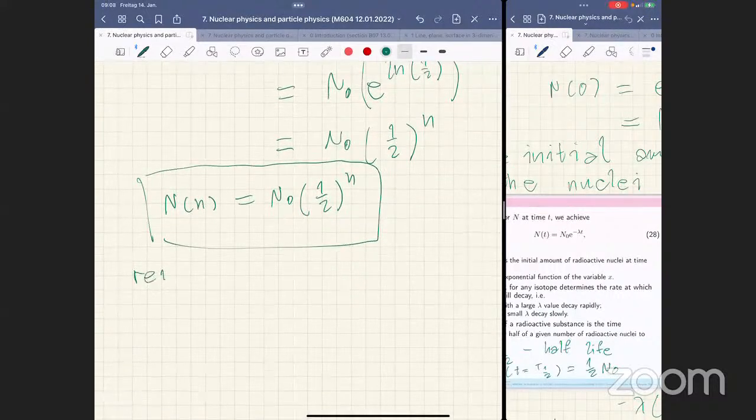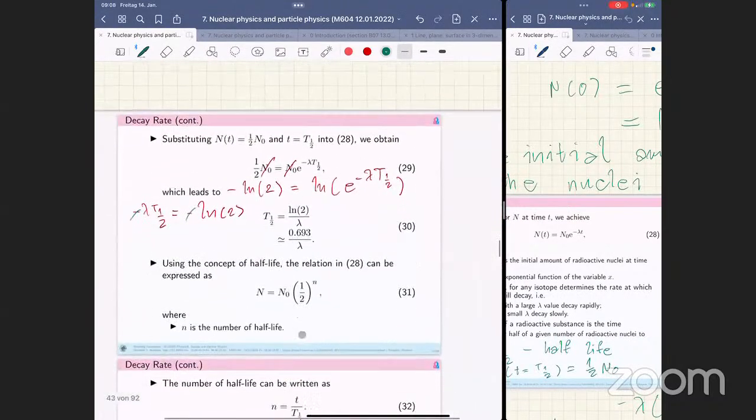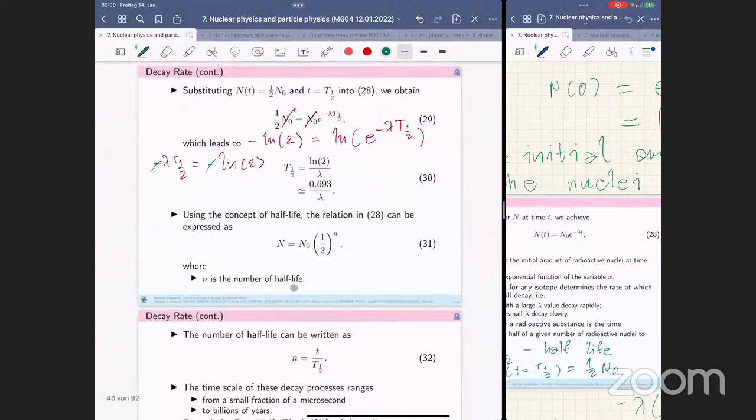It's the remaining nuclei at multiple n of the half-life. This is the expression for that. The remaining nuclei can be explained simply like this. n is the number of half-lives, the multiple of the half-life you want to observe.